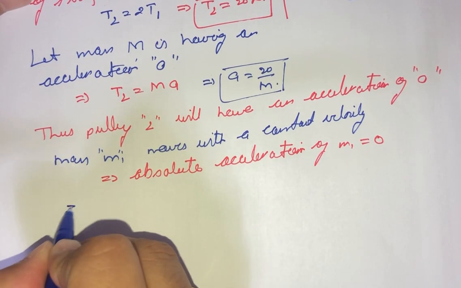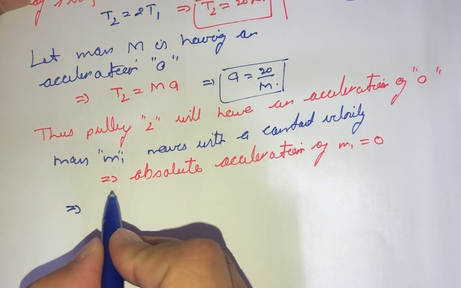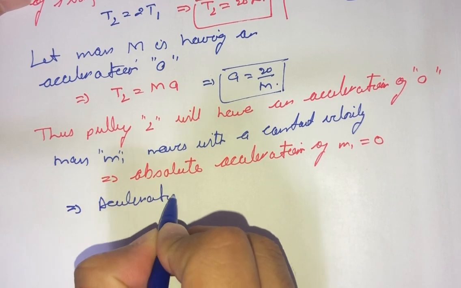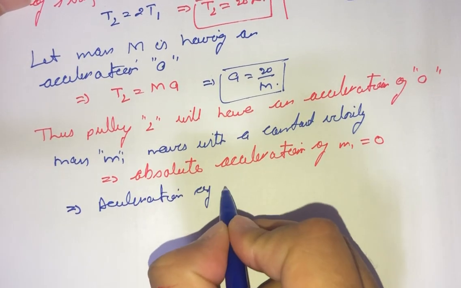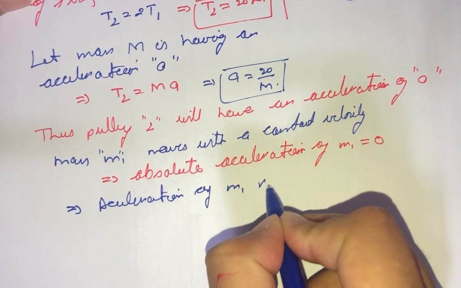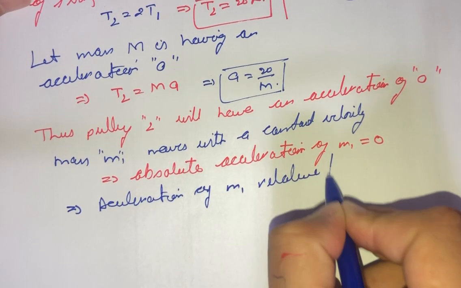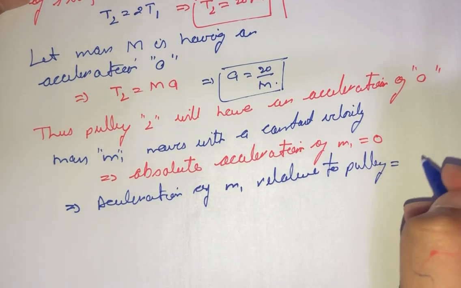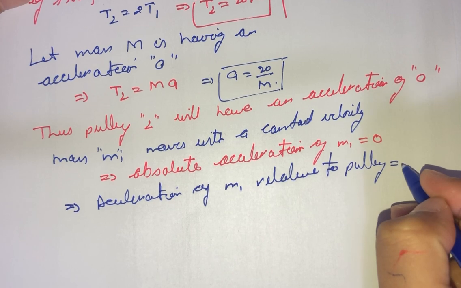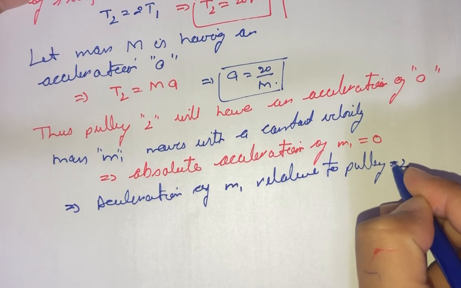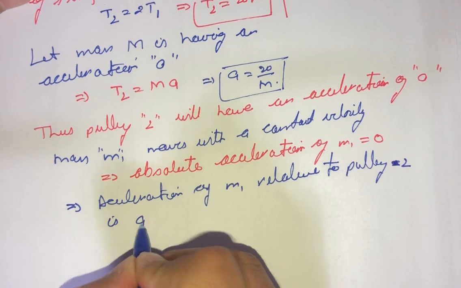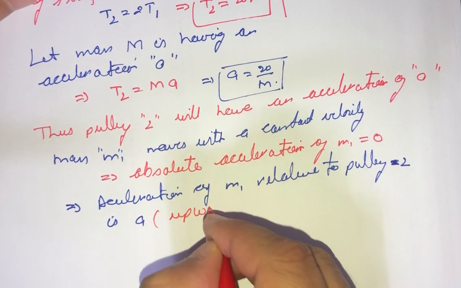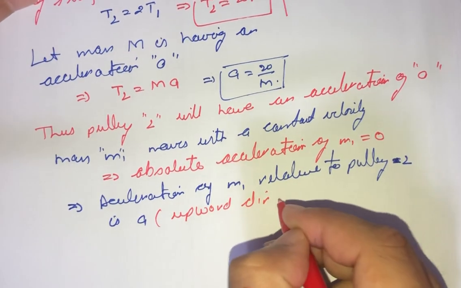The acceleration of M1 relative to pulley 2 will be equal to A, and it will be in the upward direction.